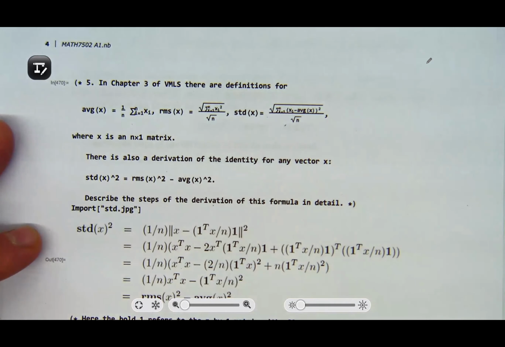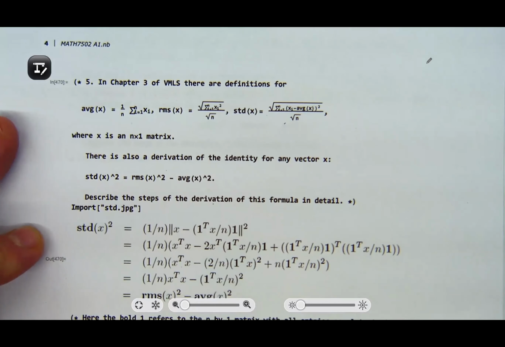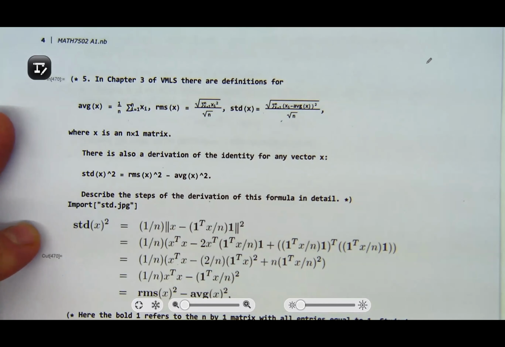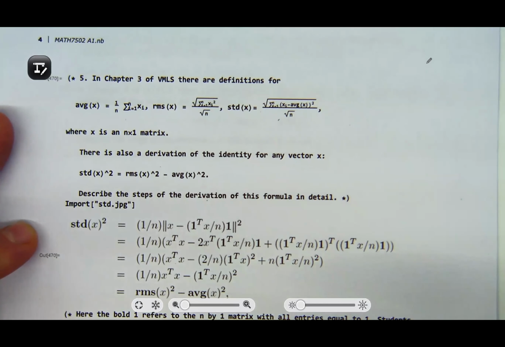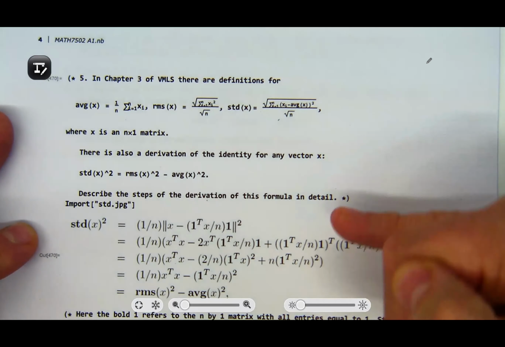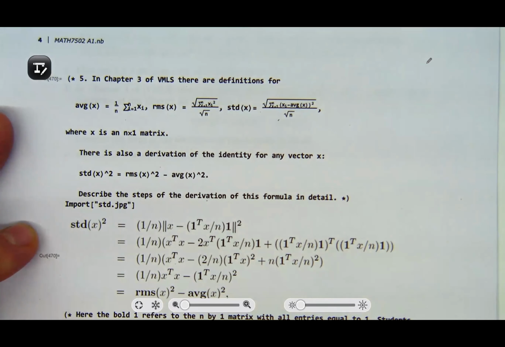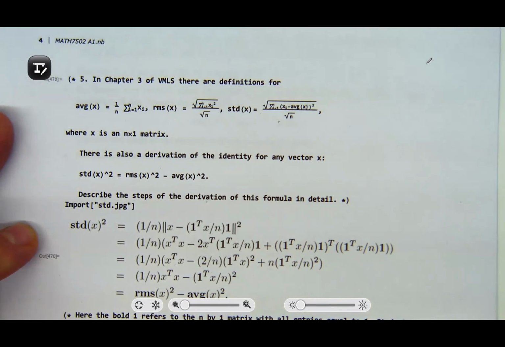Let's look at what you're meant to do. Describe the steps of the derivation of this formula in detail. That means put in some English for each one of these lines, and probably write this out yourself rather than copying and pasting, and then explain what every term is and how each line is obtained from the previous one.